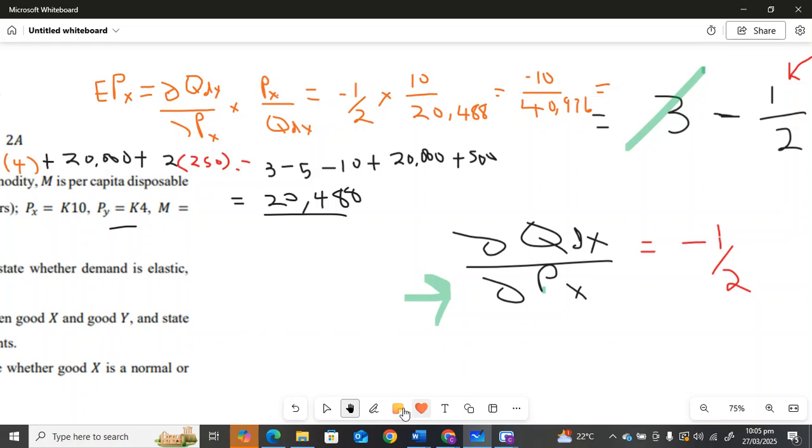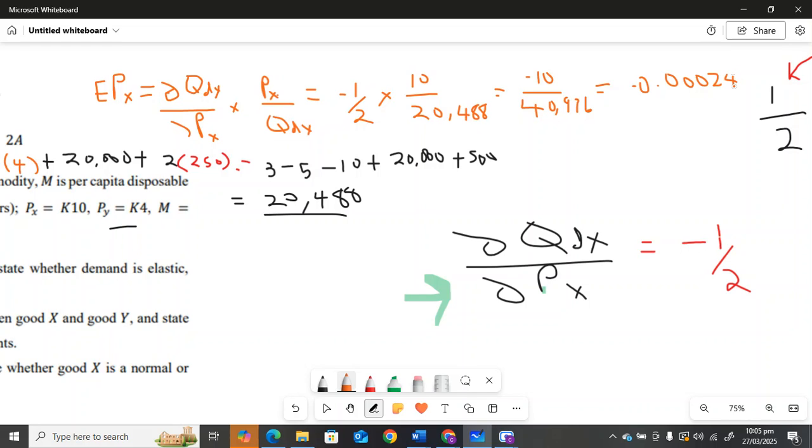Hold on. So this is going to be negative 0.000244. Okay.